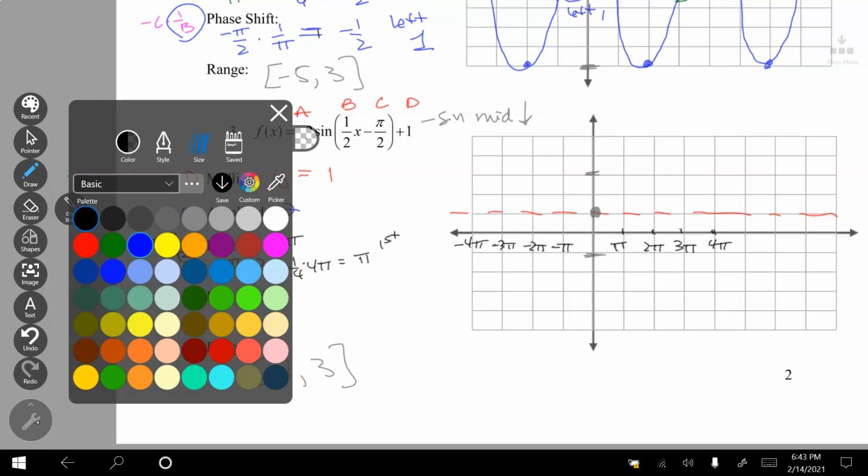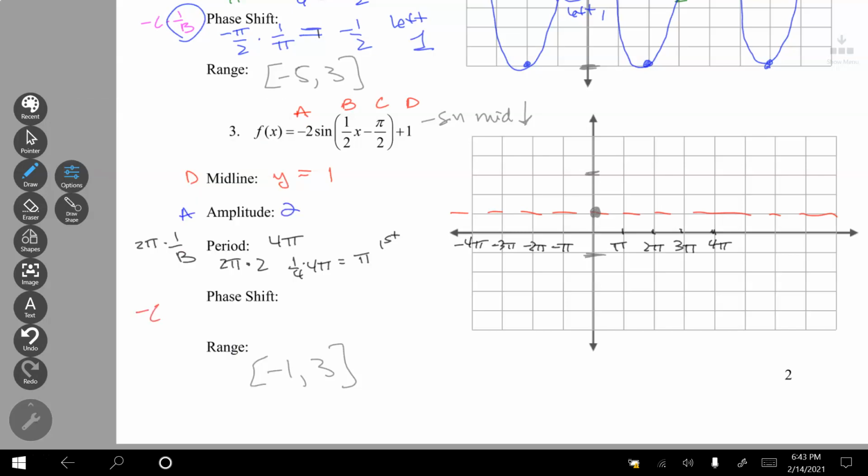My phase shift, I'm going to do -c times 1 over b, or positive pi over 2 times the reciprocal of a half, which is 2. I get positive pi, and positive pi is right 1 square. So this first dot I have here is going to move over right 1.